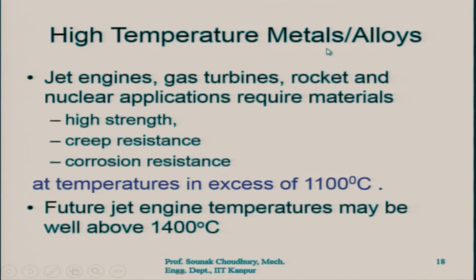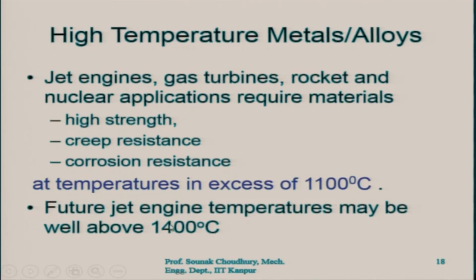See, the important point for these parts or this material for jet engines, gas turbines and so on is not only the overall properties, but we always ask that these properties should be retained at higher temperature, because mostly in jet engines, gas turbines, rockets, nuclear applications, the temperature goes beyond 1100 degrees centigrade. All right. So, when these properties are retained at that high temperature, that is valued and that is desired.